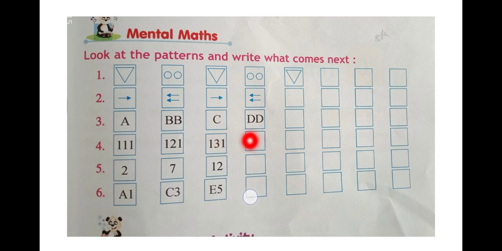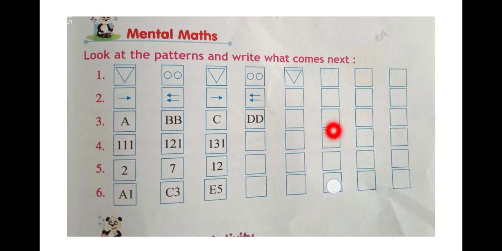So the next alphabet is what? After D it is E. But you have to repeat or not? No, you will not repeat it, isn't it? So first letter is not repeated, second repeated. First not repeated, then this one is repeated. Then here it will be not repeated, isn't it? So the alphabet here will be E, single E. Then after E what?